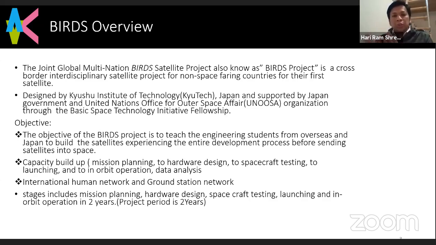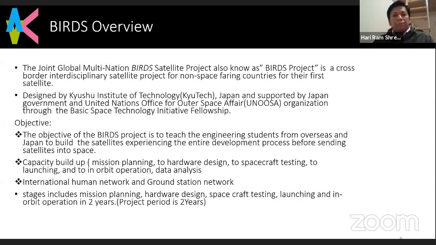Everybody is learning something new about space from a CubeSat project, and now I'm also joining a new project. This is the reason BIRDS is very important for our country: for non-spacefaring countries, sending a satellite is very expensive, and we also don't have the capacity, skill, or manpower.